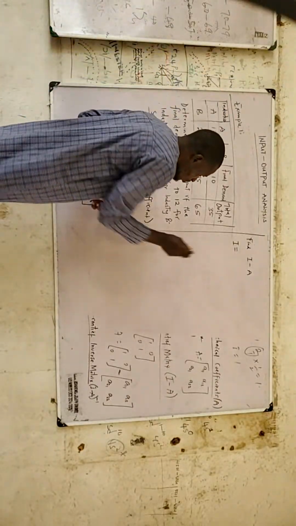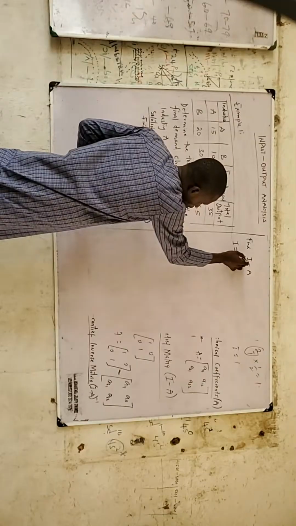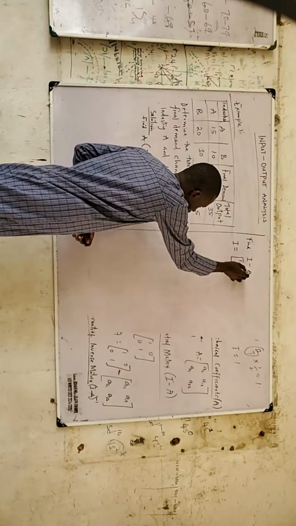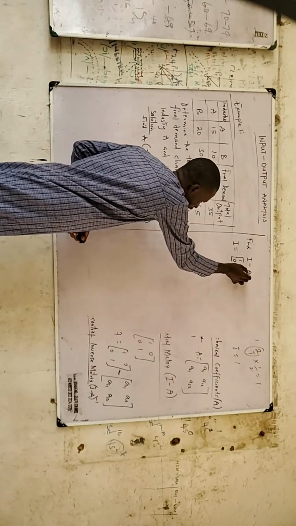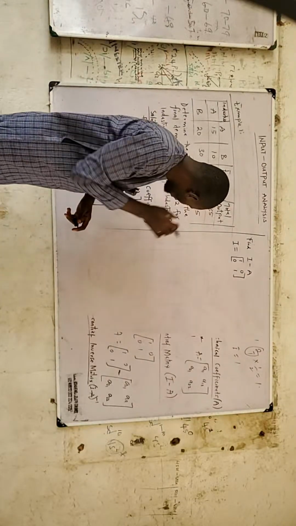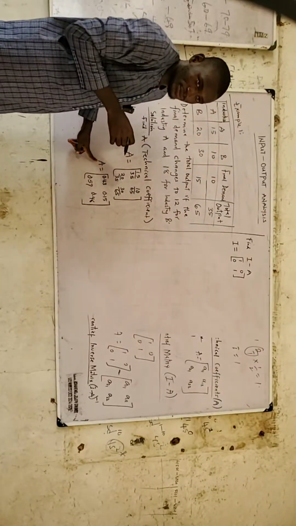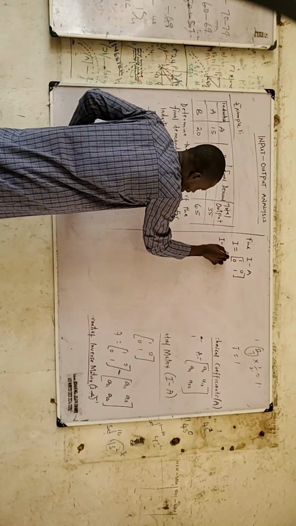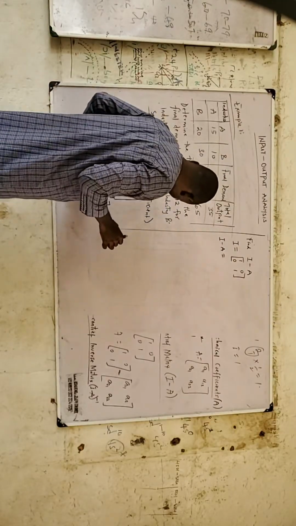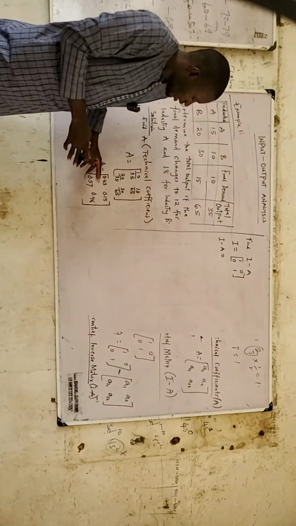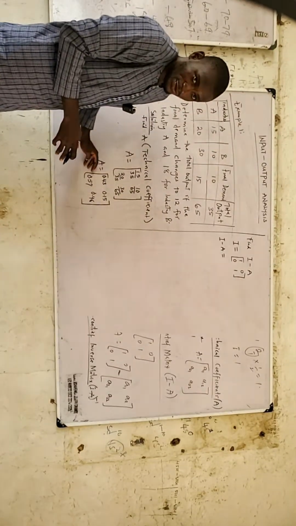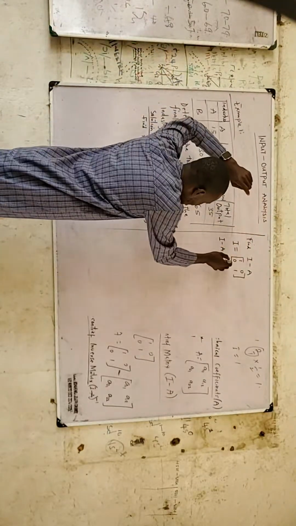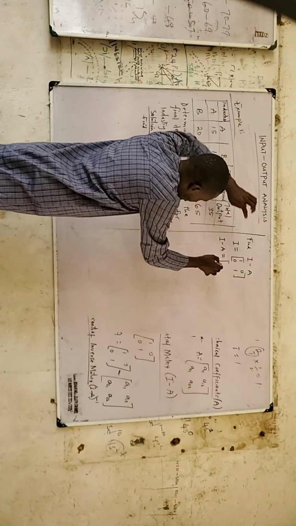So we are going to form a 2 by 2 identity matrix: 1, 0, 0, 1. We already have A. So I minus A is equal to this matrix for I minus this matrix for A. Then you open a bracket here.